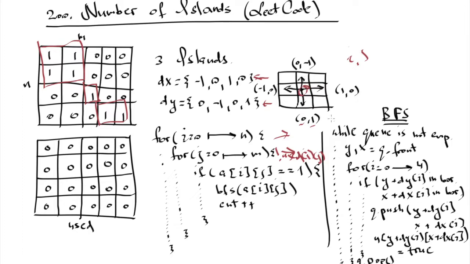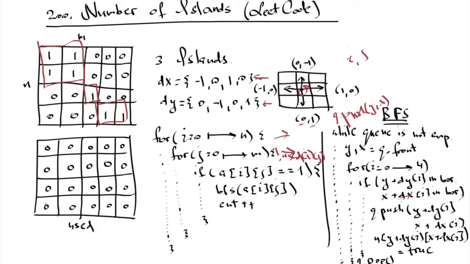Let's say initially in our BFS we have a queue and we have to insert our element into the queue. We push, let's say, y and x. Then while our queue is not empty, we take the frontal element and look at the 4 neighbors. So we run a for loop from 0 to 4, and we check if y plus change in y direction is in border, and if x plus change in x direction is in border.